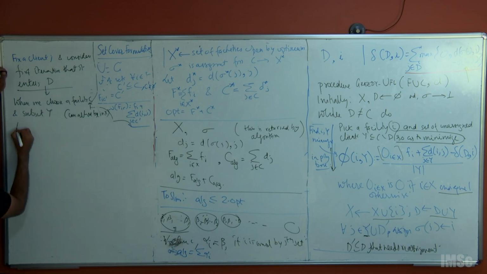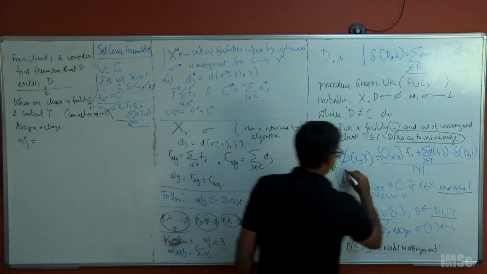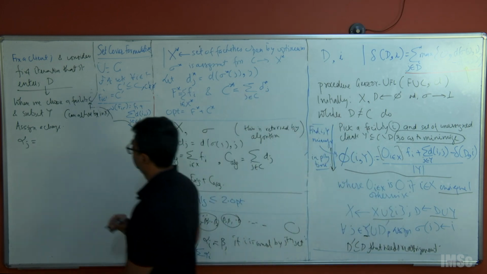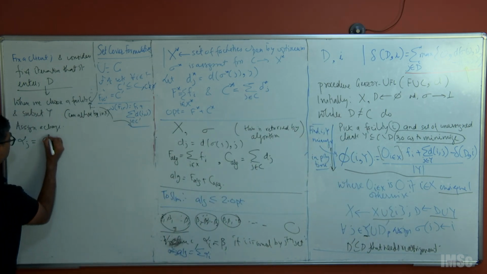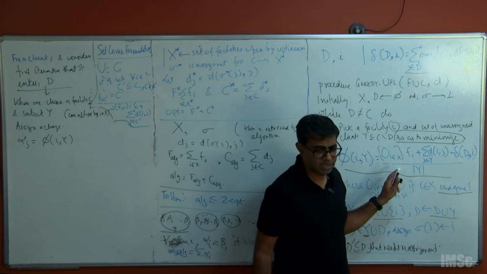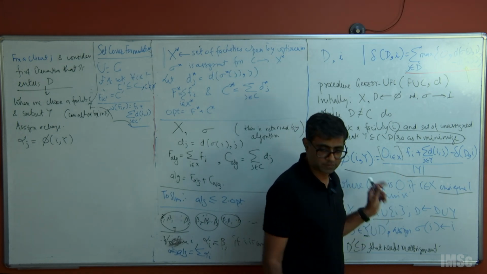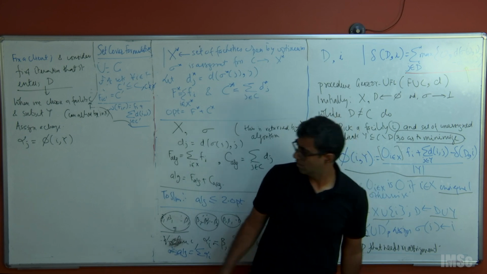So we assign a charge alpha j equal to, what will be assigned? Simple, right? Whatever this is: phi I y. That's it. So that's a charge, because ultimately, what I was doing anyway was the per covered cost by this set, right? So this is the charge.